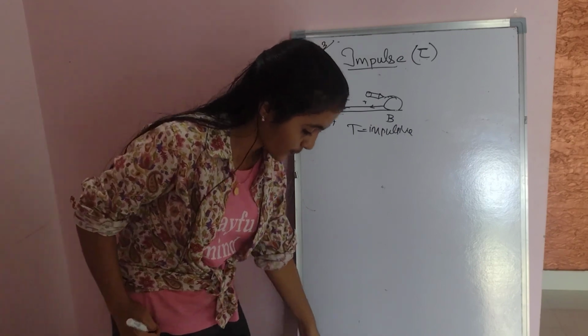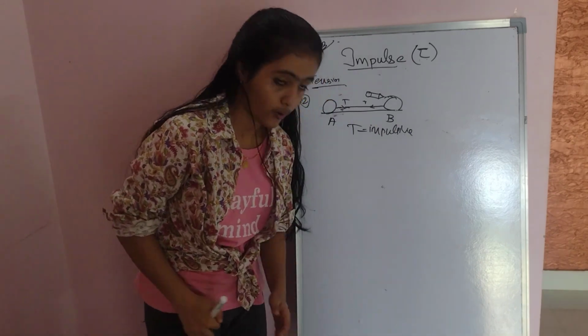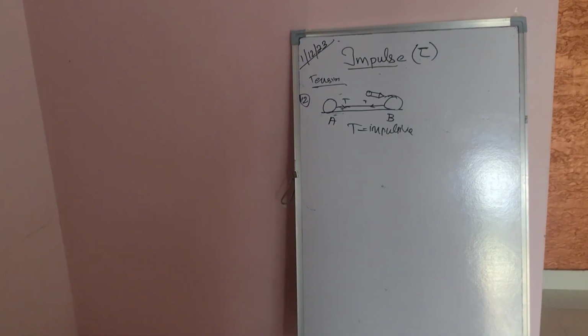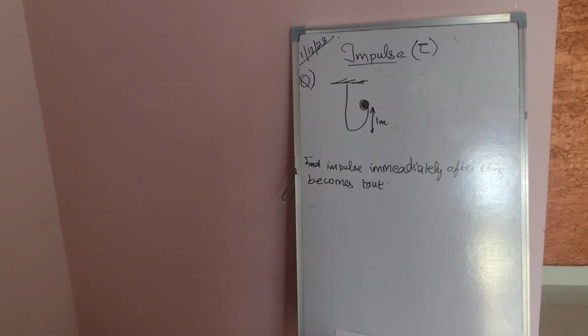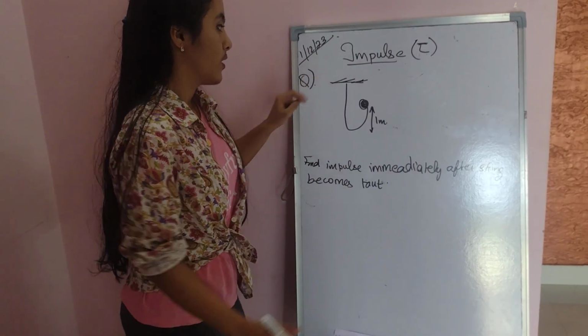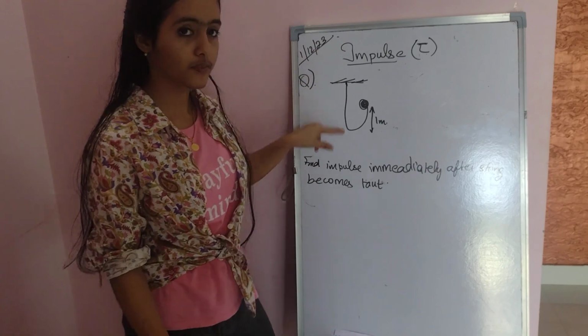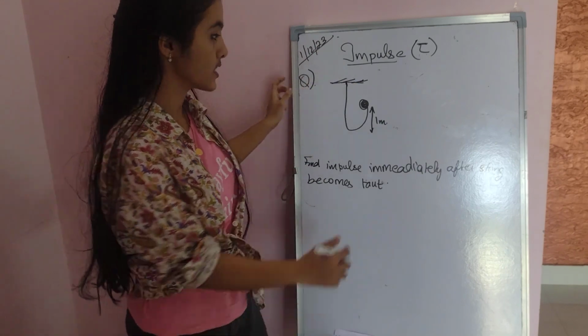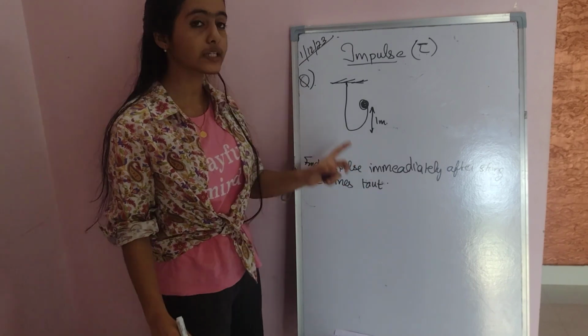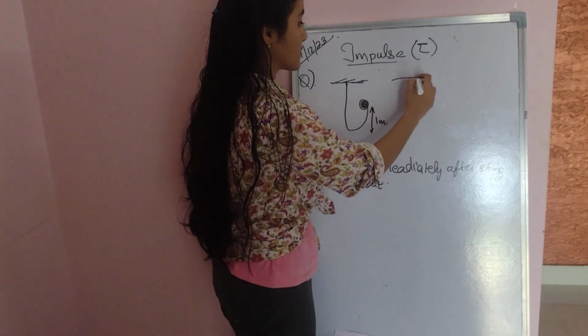So this tension question is very important. Okay, we will do a problem. Here's our question. A string is kept here, it is to be released, and this distance is 1 meter. We have to find the impulse immediately after the string becomes taut.